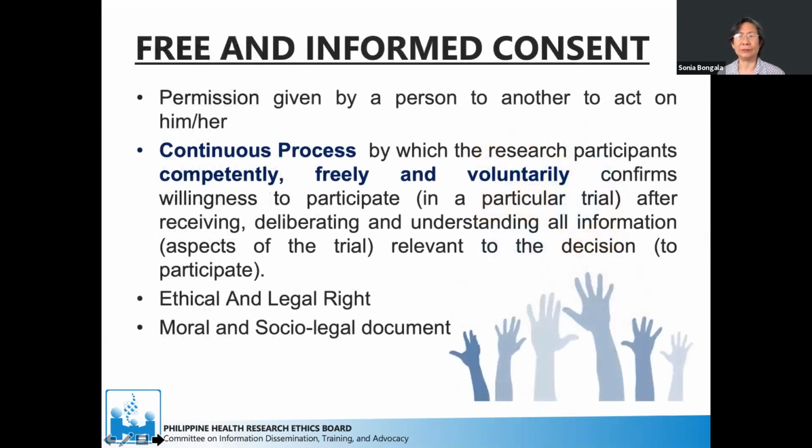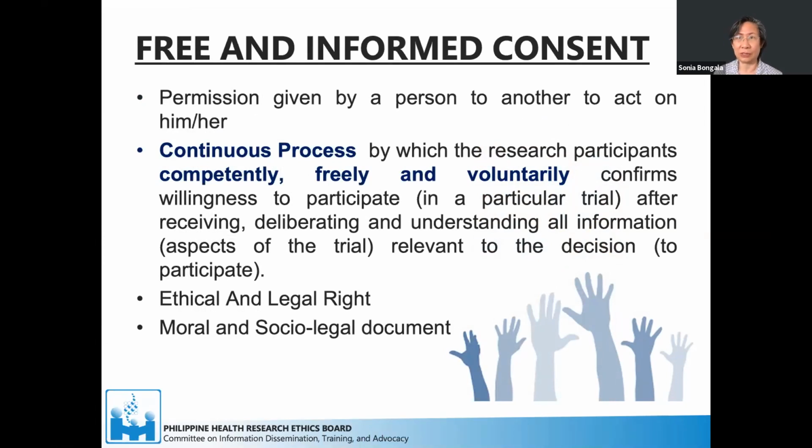Okay, so what's a free and informed consent? It's a permission given by one person to another so that that other person will act on him or her. And it's a continuous process, and it's not a one-time, big time, now or never or forever permission that is given.